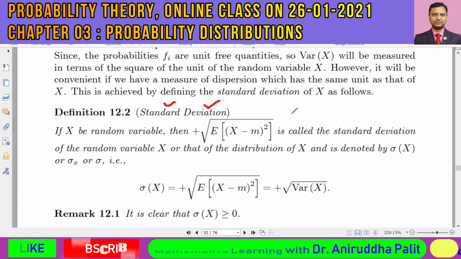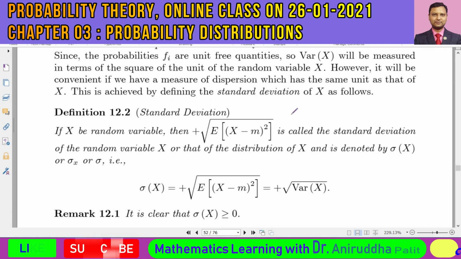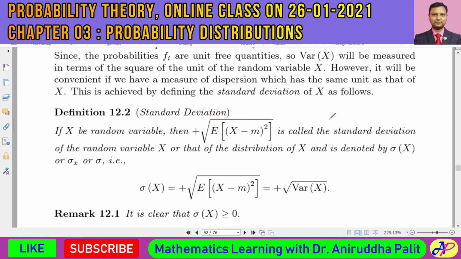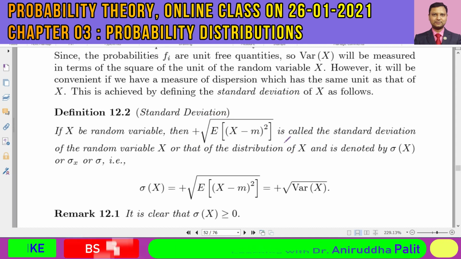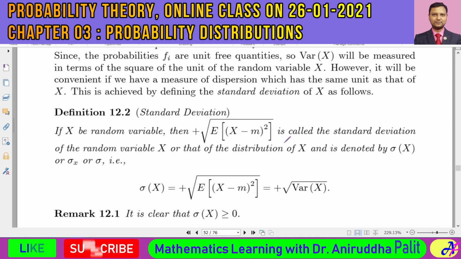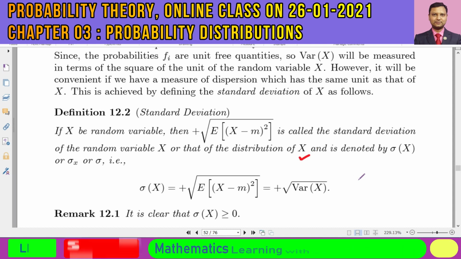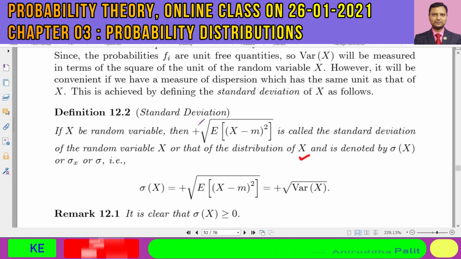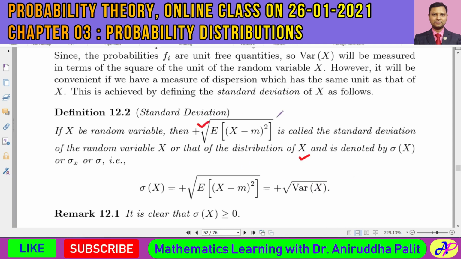It is again a measure of deviation, but whereas the variance was in centimeter square, taking the square root converts the unit into the unit of the random variable capital X. So if x is in centimeter, this expression would also be in centimeter.